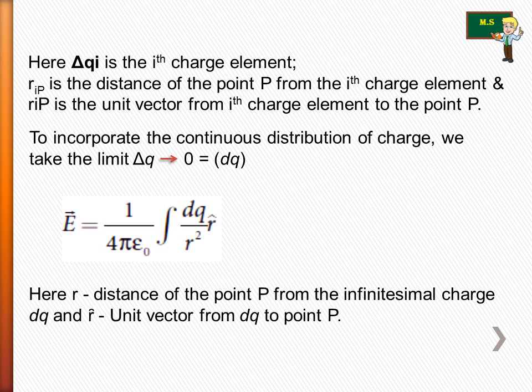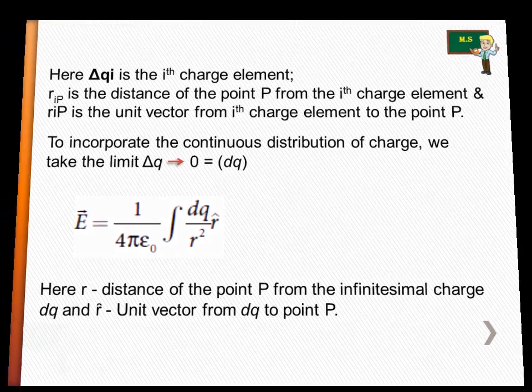Here r is the distance of the point P from the infinitesimal charge, and r cap is the unit vector from dq to the point.